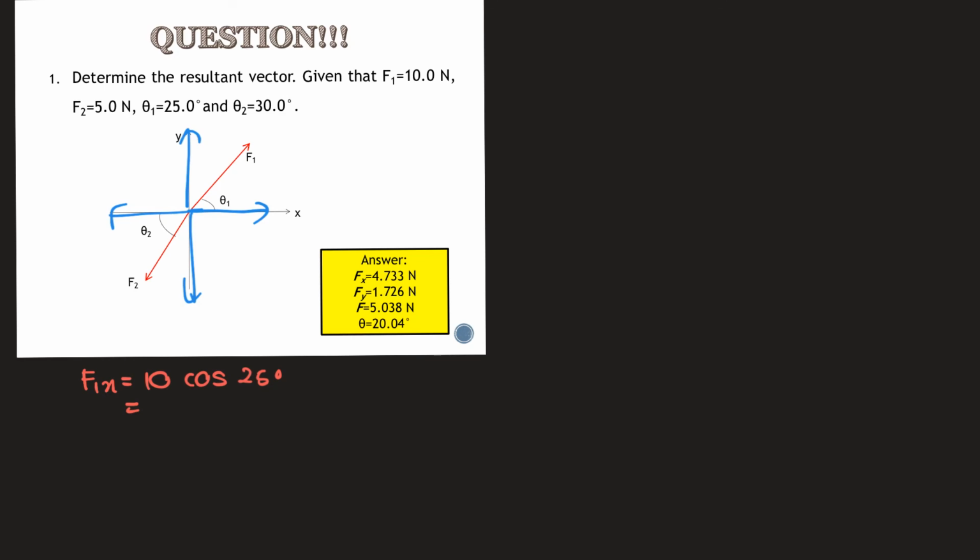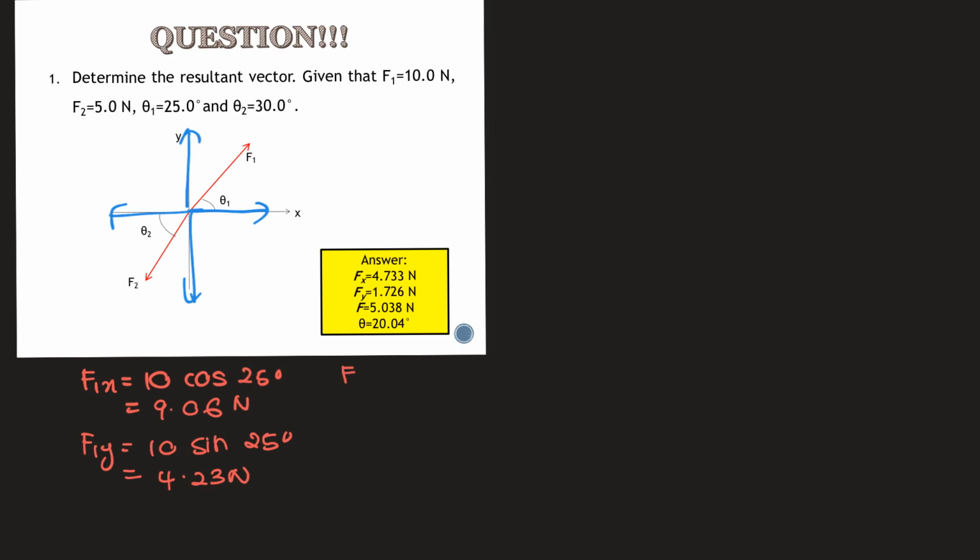So you're going to get 9.06. Don't forget the newtons. Double check it is in the positive direction. So F1y is 10 sine 25. You're going to get 4.23 newtons, also positive because it is moving upward.